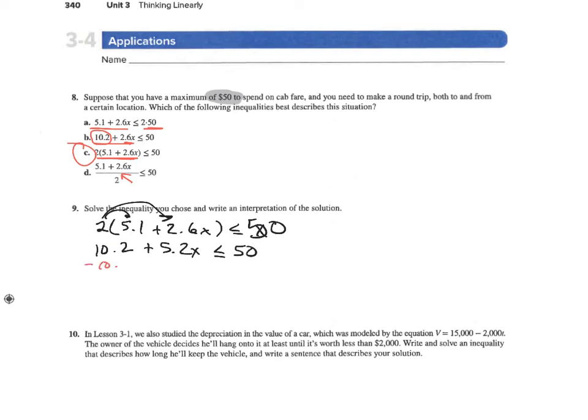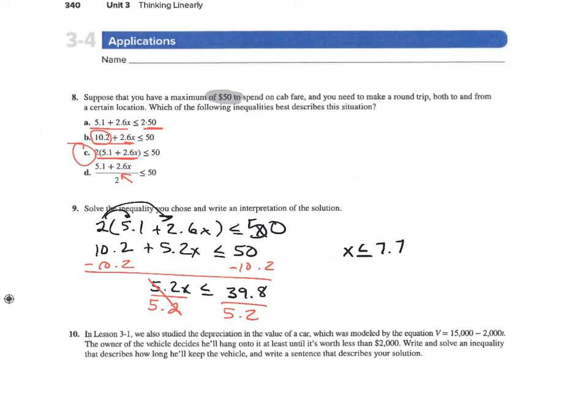Now let's subtract the 10 and 2/10 from both sides. That gives us 5 and 2/10 x is less than or equal to 39 and 8/10. Now we're going to divide both sides by the 5 and 2/10 to get the x all by itself. So I have x is less than or equal to roughly 7.7.